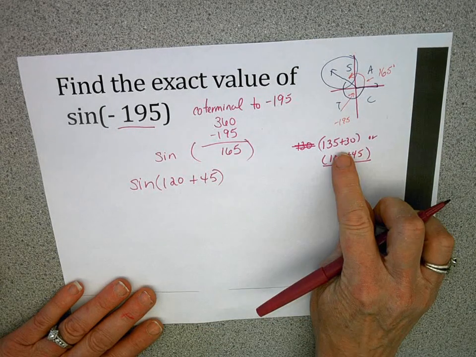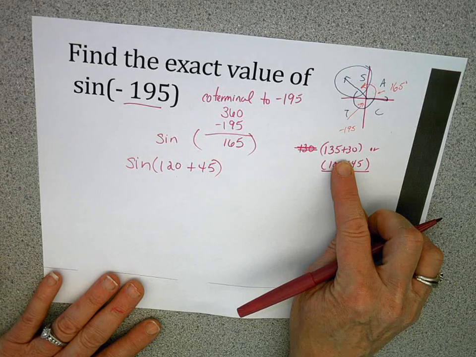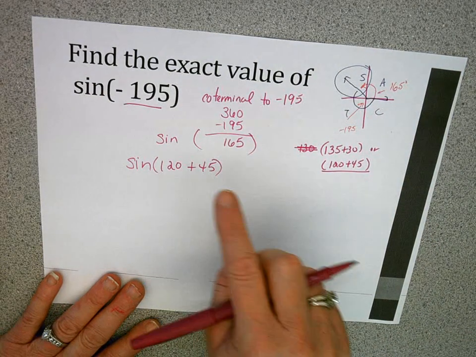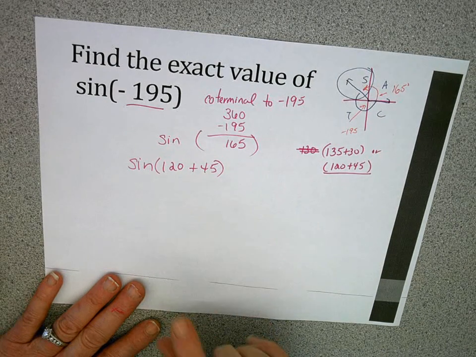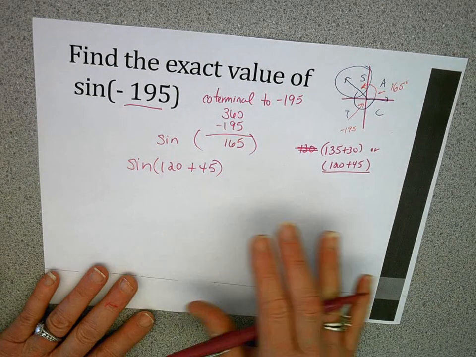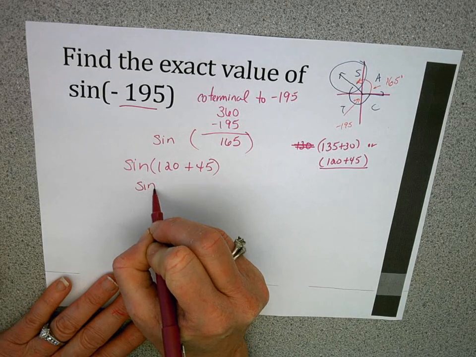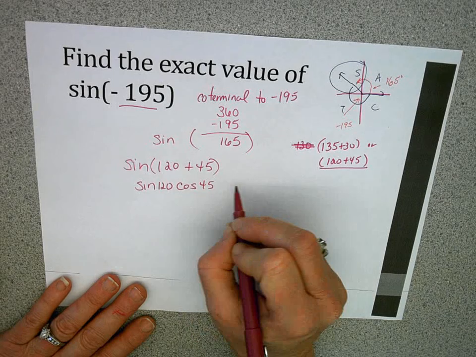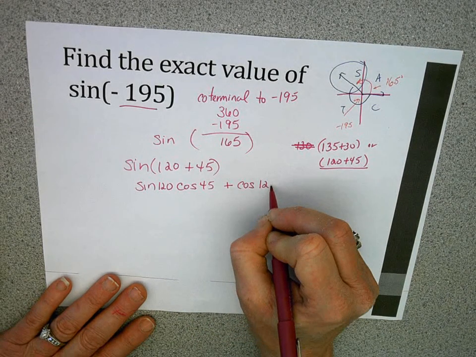If you do 135 plus 30, you should get the exact same answer. And again, if you want to make negative 195 and make these both negative or somehow subtract, you can. I just think this would be a lot easier. This is a sine formula, so it's sine A, cosine B, same operation in the middle, cosine A, sine B.